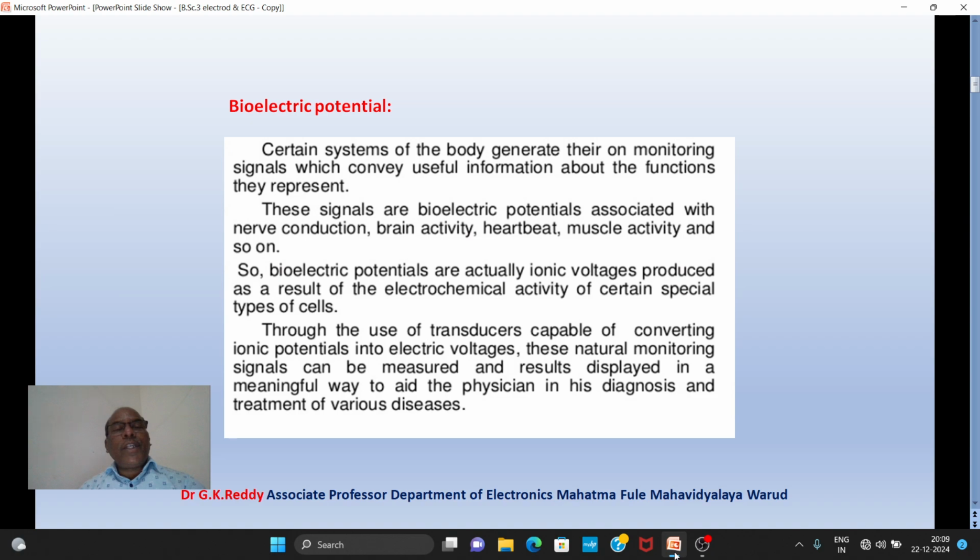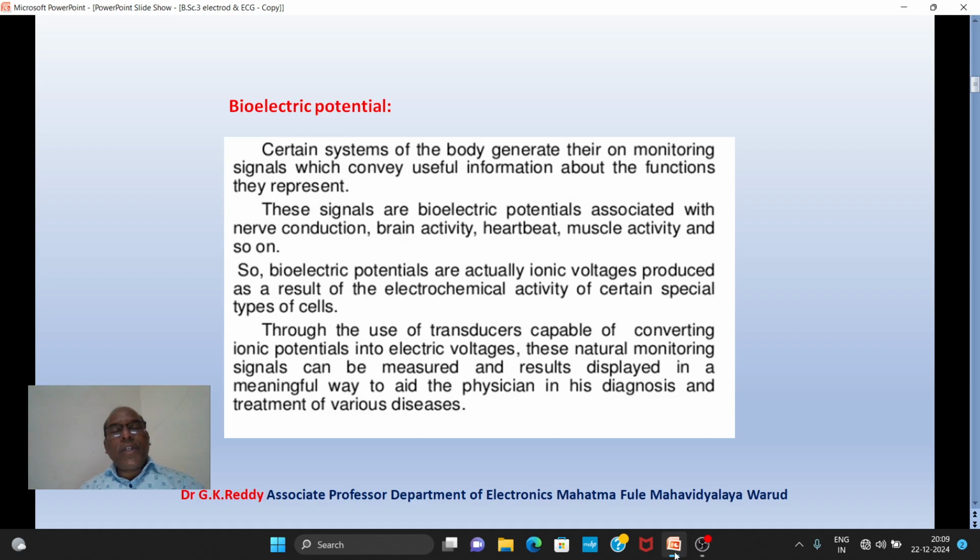What is bioelectric potential? In certain systems of the body, we generate monitoring signals which convey useful information about the functions they represent. These signals are bioelectric potentials associated with nerve condition, especially brain activity, heartbeat, muscle activity, and so on.